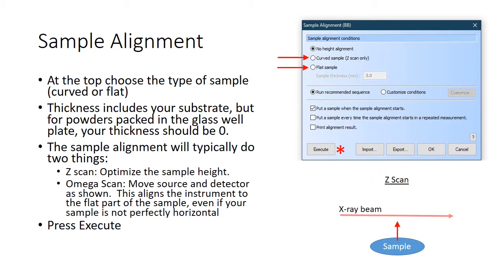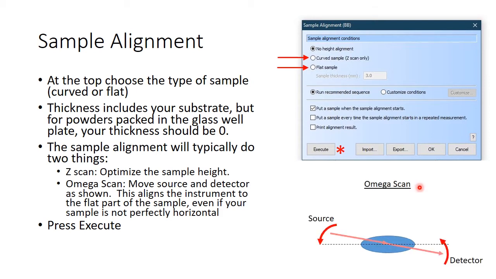Now if you say that you have a flat sample, it's also going to do an omega scan. So let's talk about what this is, and then I'll show you on the diagram how it executes it. If you have a flat sample, it is possible that that sample is flat but not perfectly horizontal. So one example of this is, let's say that you taped your sample onto something, and maybe you pressed on the tape a little bit more on one side than the other.